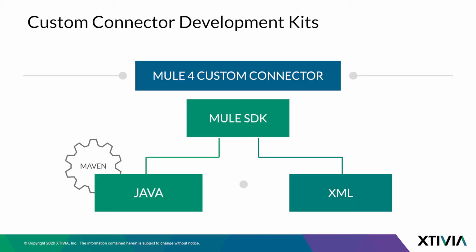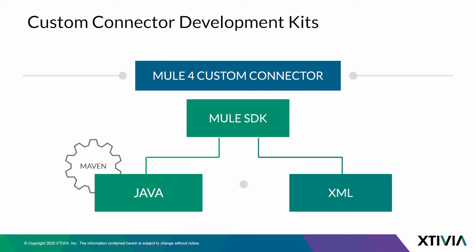So now that we know that we need a custom connector developed, what are the building blocks required for its development? For developing the custom connector in MuleSoft, we need the MuleSoft SDK, software development kit package. MuleSoft is providing Mule SDK for Mule4 for developing custom connectors. In Mule SDK, there are two approaches to develop the custom connector.